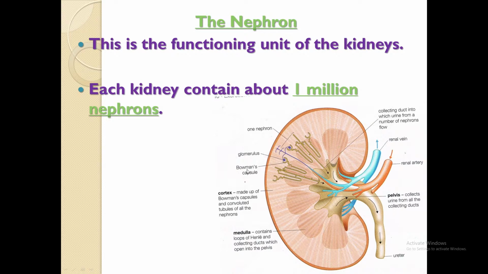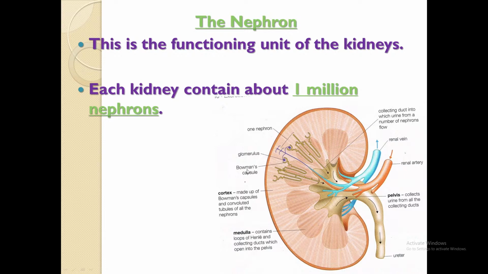All of the processes that take place in the kidneys take place in the nephron. One kidney consists of approximately 1 million nephrons. So do the mathematics: your body contains 2 million nephrons, because 1 million is in each kidney.